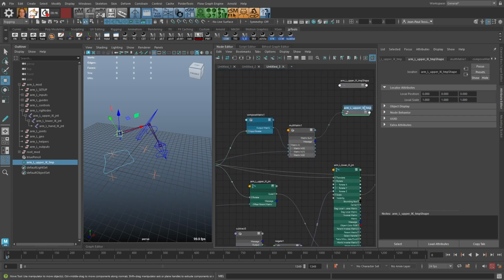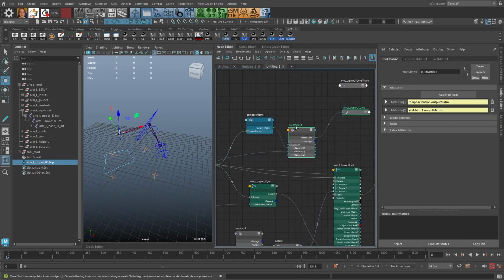And we'll call this the IK world matrix.